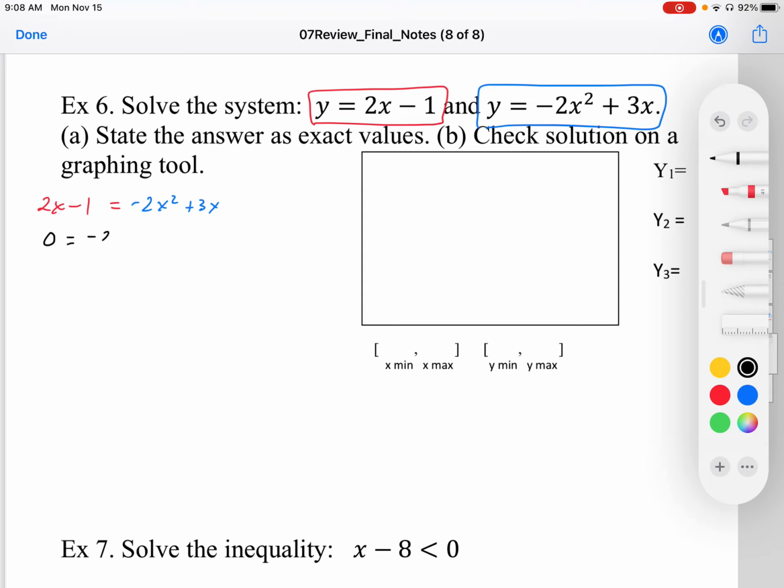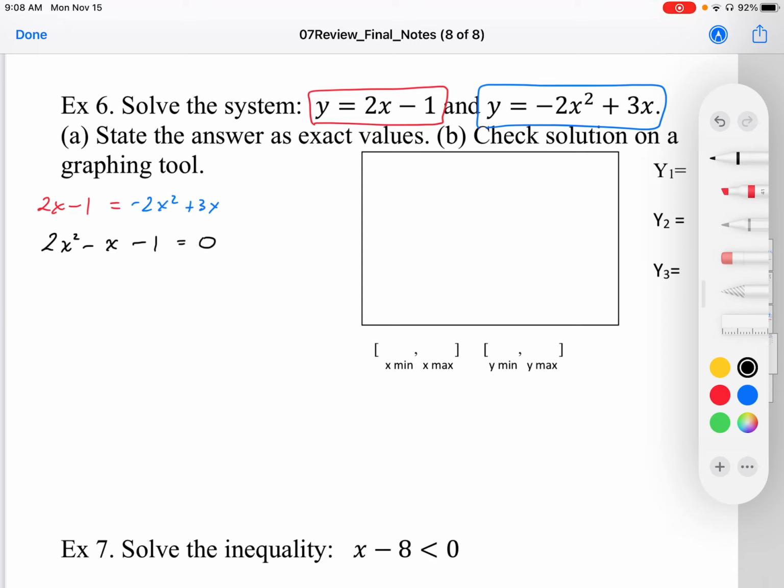It's a quadratic, so I'm going to move everything to the left-hand side because I don't like that negative x squared. So I'm going to get positive 2x squared, and I'm going to subtract 3x from both sides. So I get 2x squared minus x minus 1 equals 0.